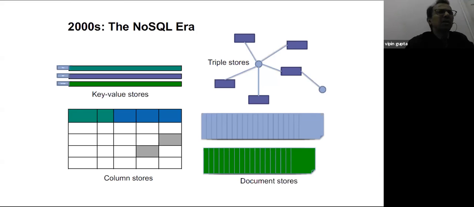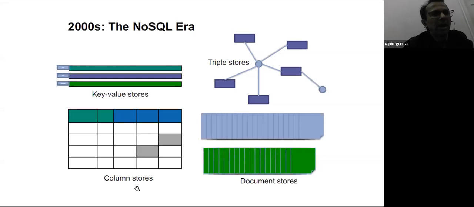Suppose Google needs 10,000 different fields to keep my complete data. Then we need a database which can handle 10,000s of columns, not just 10,000, even millions of columns. Then this column type of database is used.